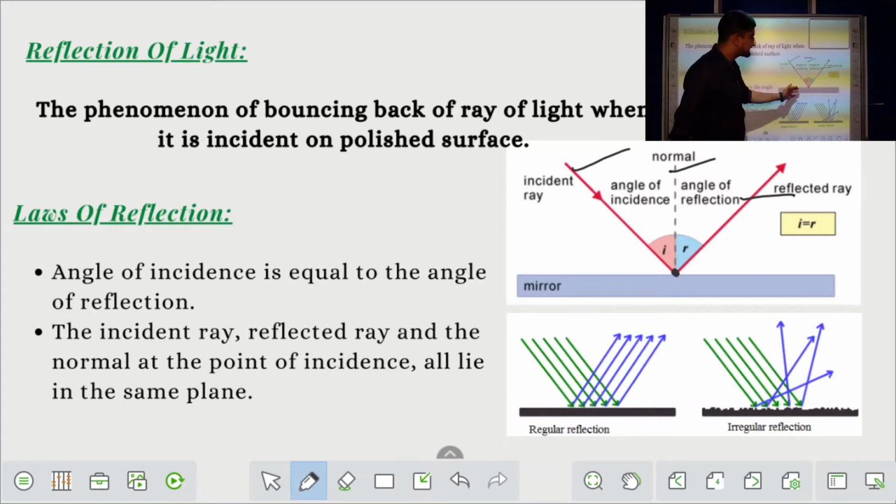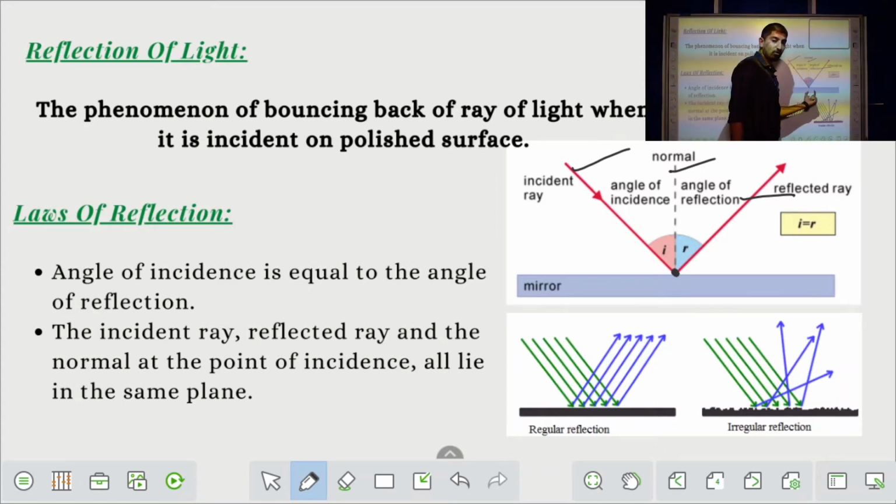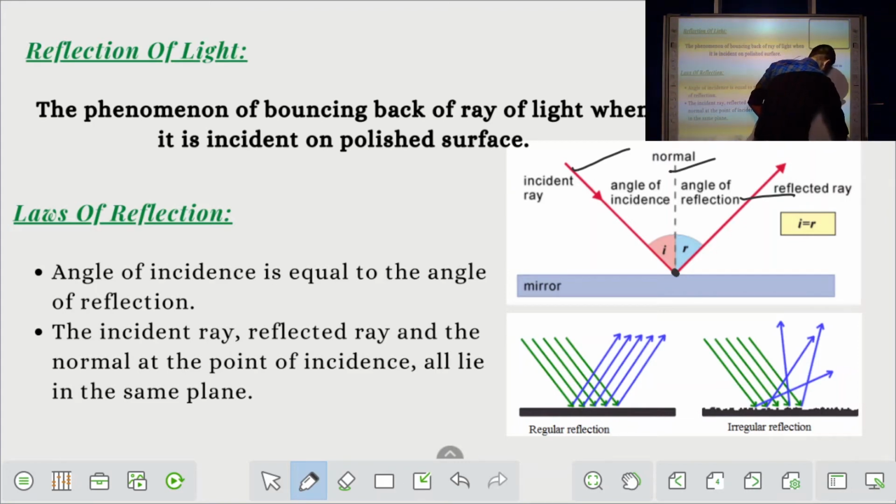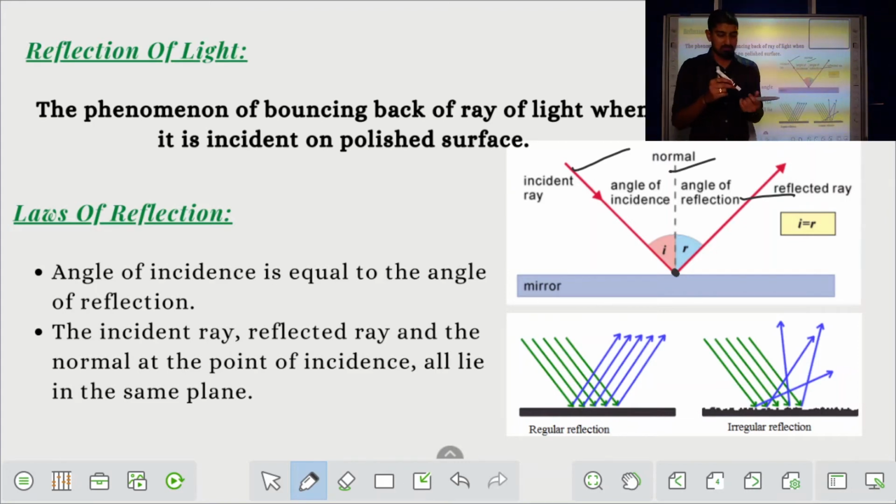All three are meeting at this particular point, which is in contact with the surface. So they say that the normal, incident ray and reflected ray all lie in the same plane. What do you mean by plane? I'll use this pen to explain that.